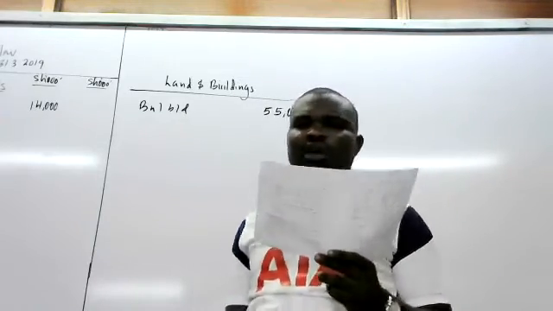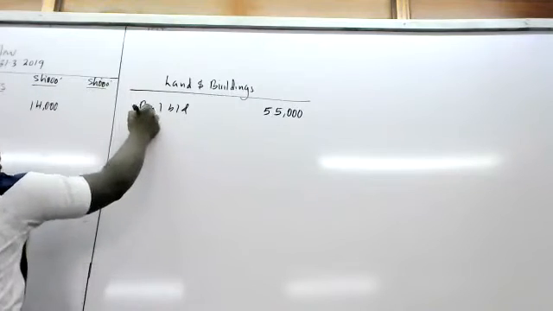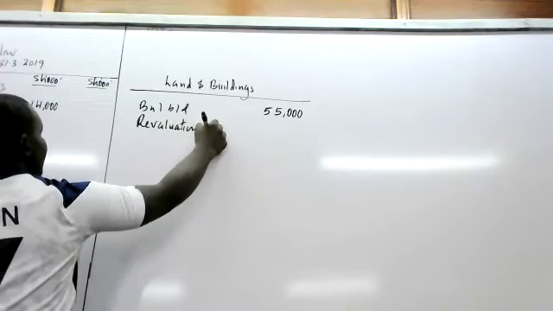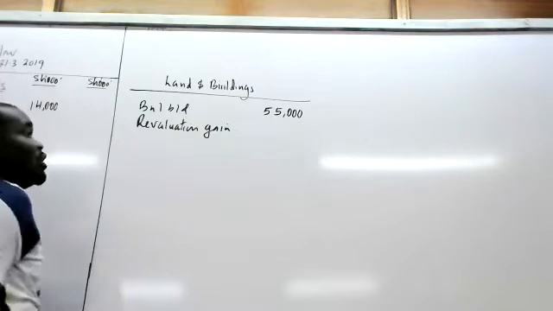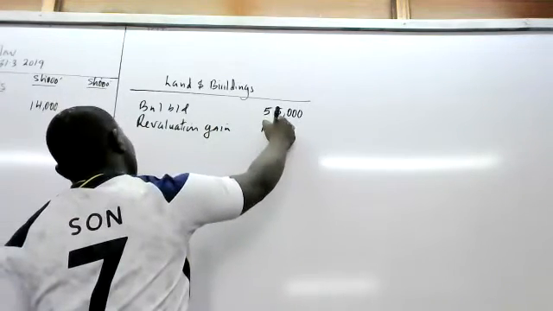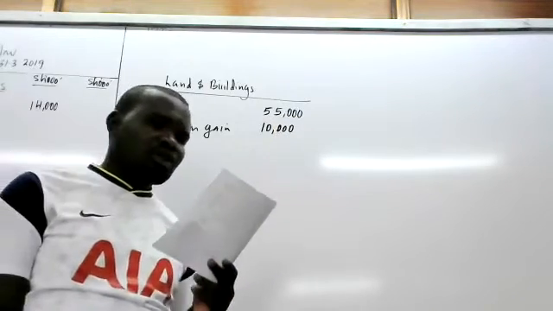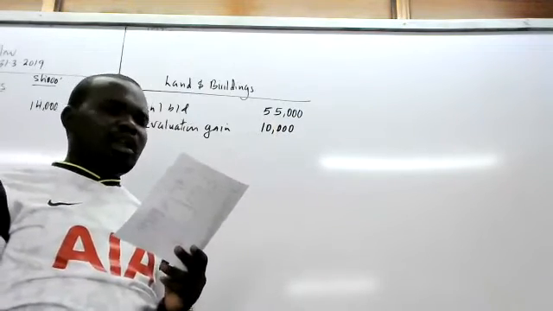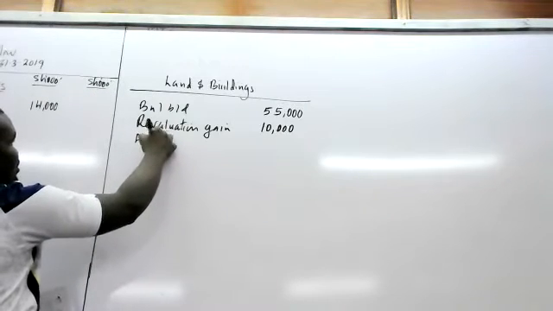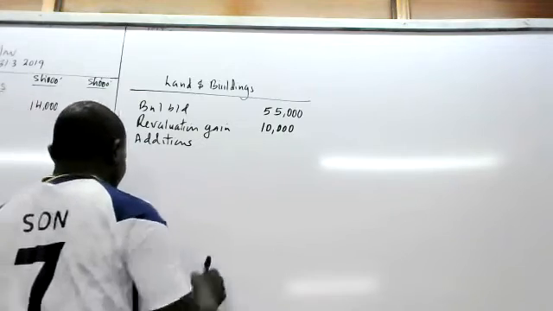Land and buildings was revalued upwards by how much? 10. So you add revaluation gain, that is 10. In addition, an acquisition of land and buildings was how much? 40. So additions, they added another one. This one was 40.